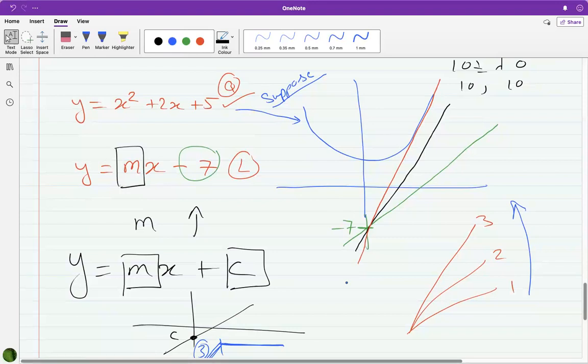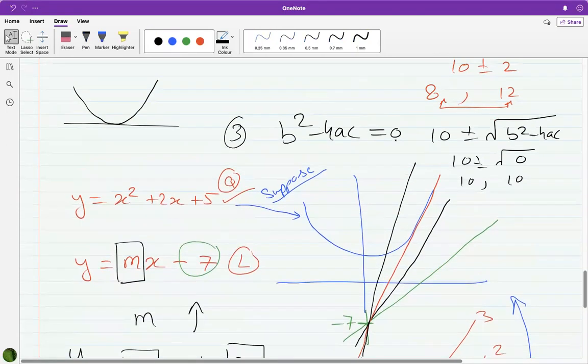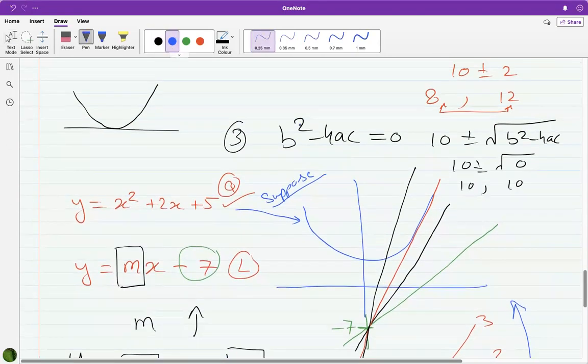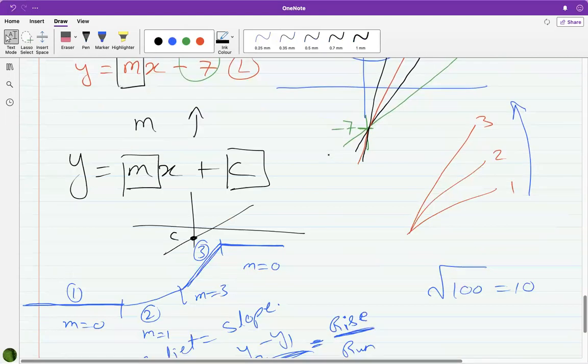If it continues to increase, it may intersect the curve at different points. If we extend our graph, this line may intersect it at two different points. So it depends what the gradient is.